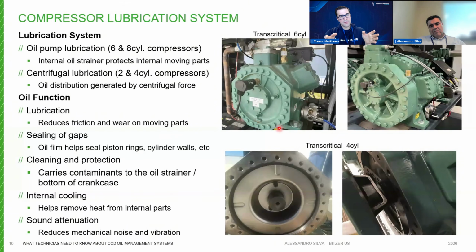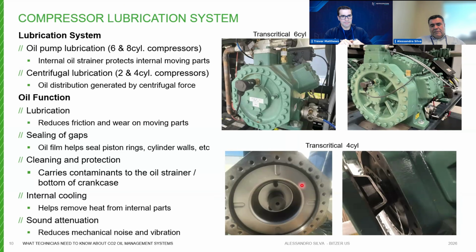So Alessandro, one of the questions I get asked by technicians a lot is, why do I have a dynamic disc in the smaller ones and a pump on the bigger ones? Do you want to explain why you have to go to a pump style on the bigger compressors? Yes, especially for smaller capacity, this is to reduce the cost of the compressor.